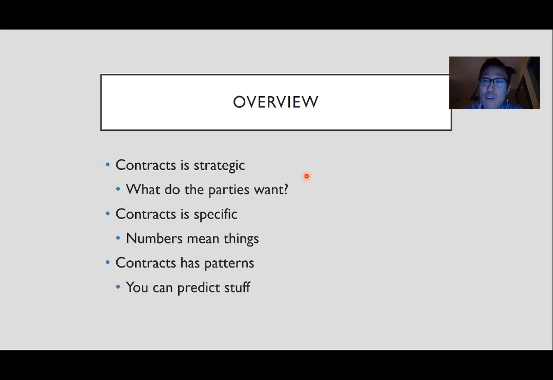Starting from formation, do they want to even argue that there was a contract in the first place? Sometimes you get cases, and I'm thinking of a recent exam that I graded, where in fact both parties did want the contract to be binding, but they wanted different prices.